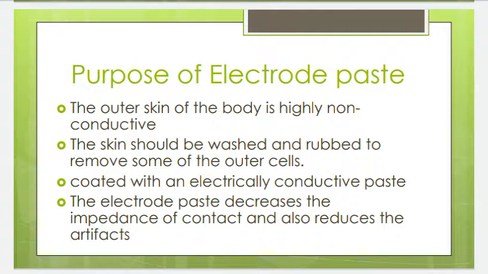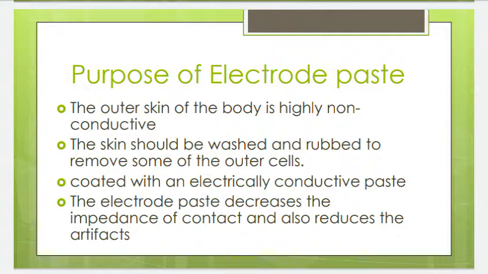We all know that to paste this electrode, we are placing it on our skin, right? When we put it directly on the skin, we don't get the contact. So we want to remove the outer skin of our body.